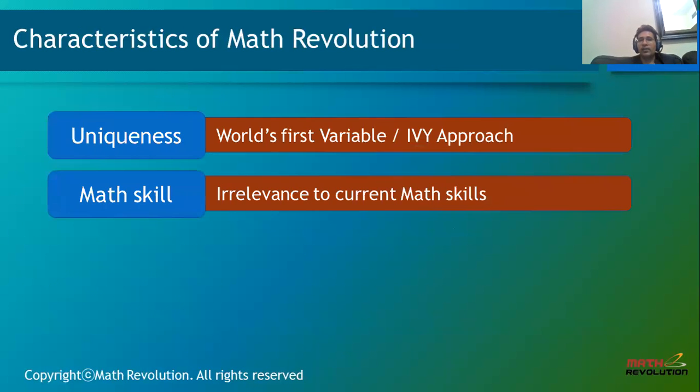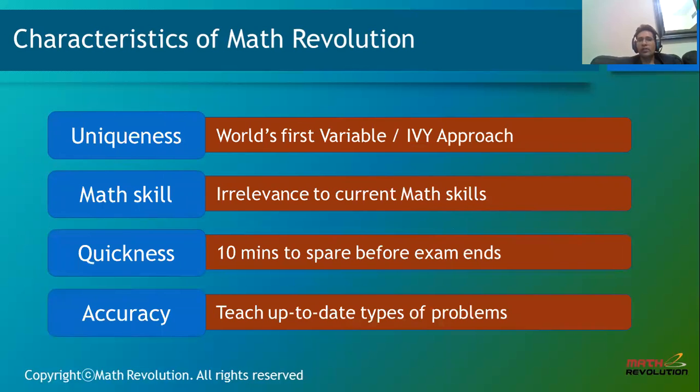These are the major characteristics of Math Revolution. You'll always see us talking about our uniqueness, that is IV and the variable approach. We always make our content updated so that even a non-math background student can relate to it very easily, find it easy to understand the concepts, learn them, and progress over the learning path.